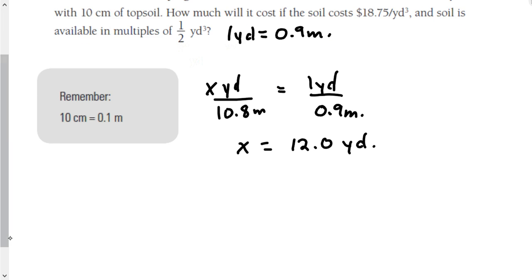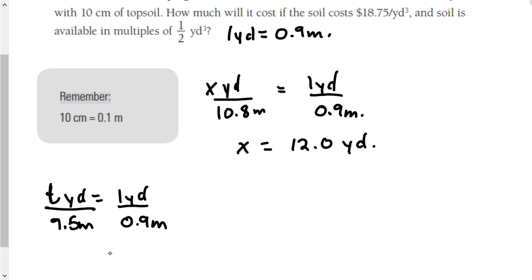Then we have to do the other side. So let's do t yards over 9.5 meters is equal to 1 yard over 0.9 meters. T is equal to 10.6 yards.